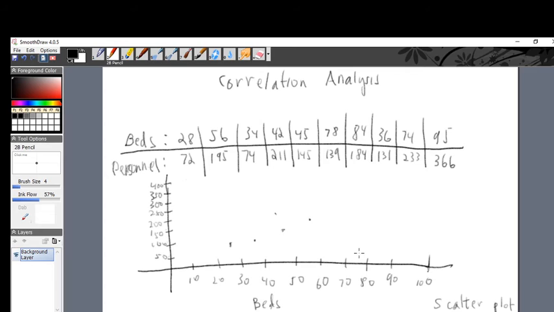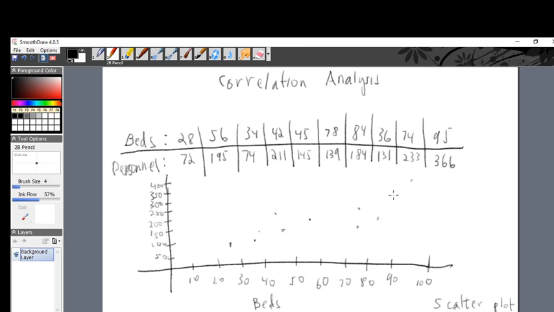So 78 is over here, and we go up to 139. Something like this. 84 is 184. 36 is 131, so it's around here. 74 is 233. And 95 is 366, so it's way up there.